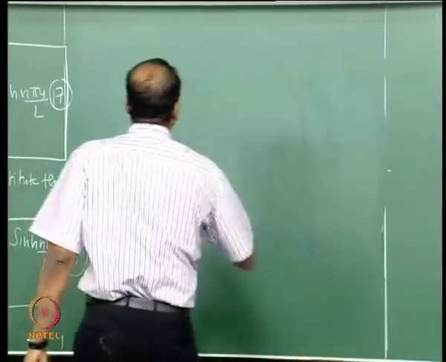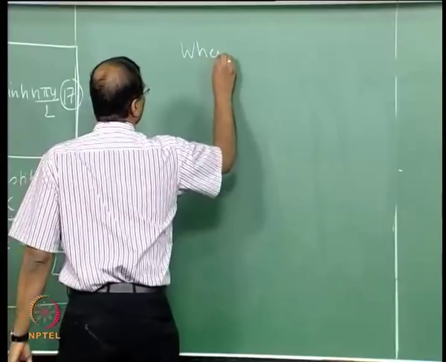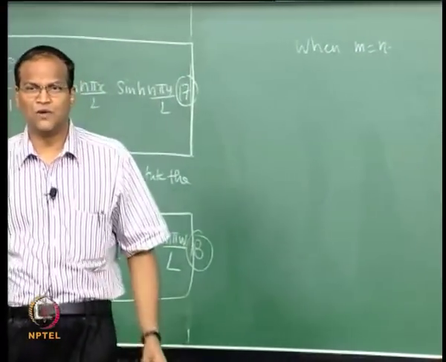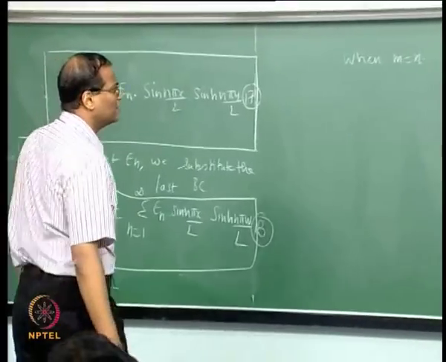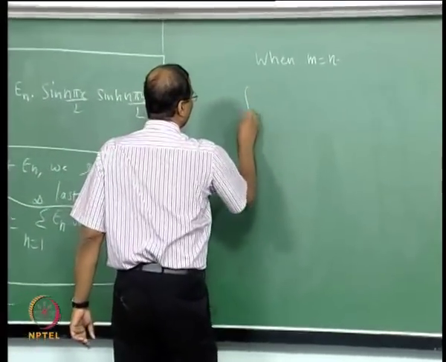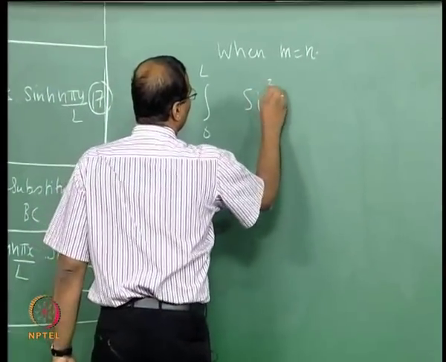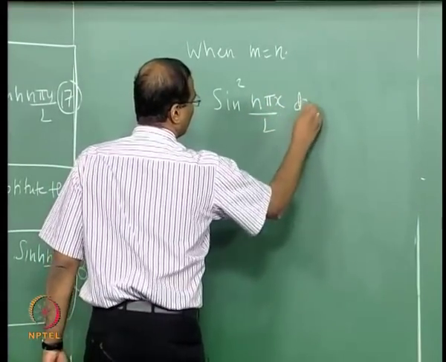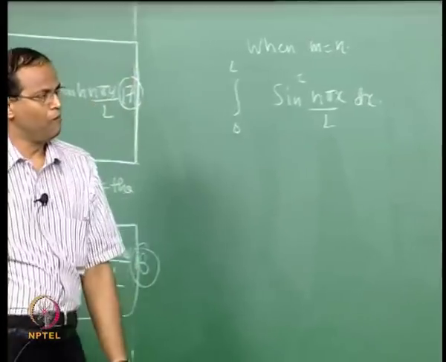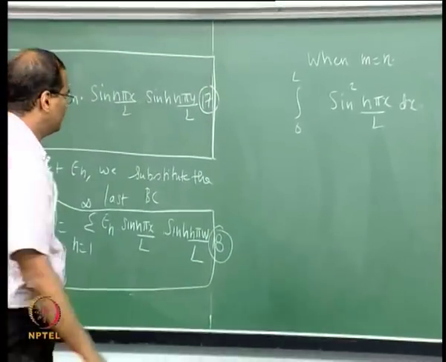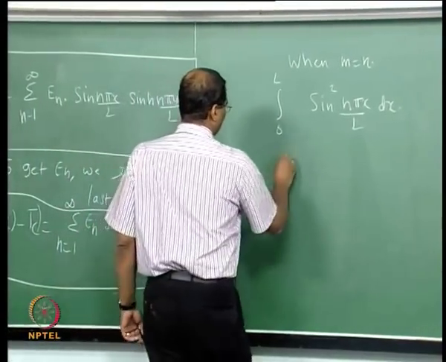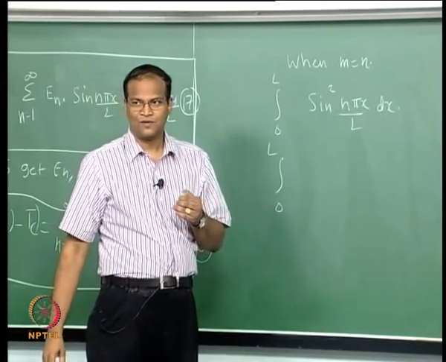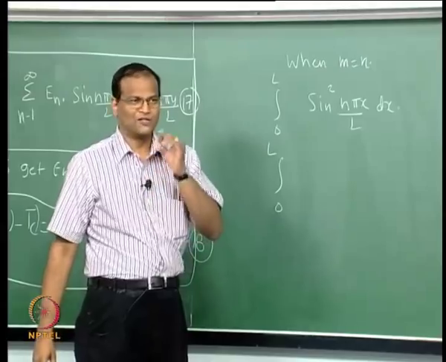When m equal to n, let us get rid of m, we use only n, okay. Therefore the integral 0 to L of sin squared n pi x by L dx. What is sin squared theta? 1 minus cos 2 theta by 2, very good.